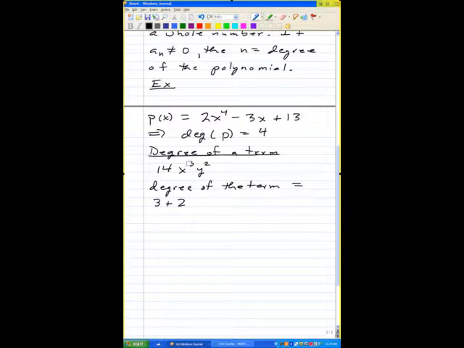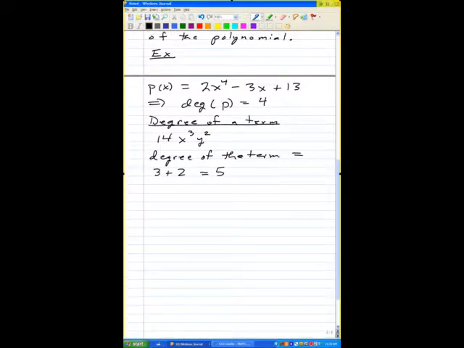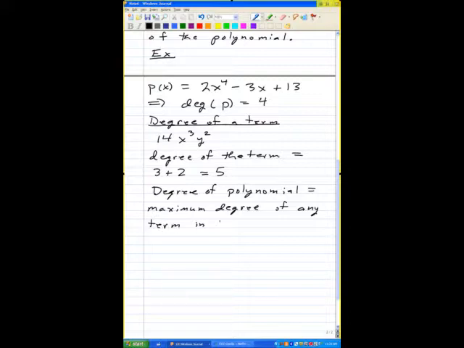So in this case, 3 and 2, and so the degree of this particular term is 5. Now, the degree of a polynomial is just the maximum degree of any term in the polynomial.